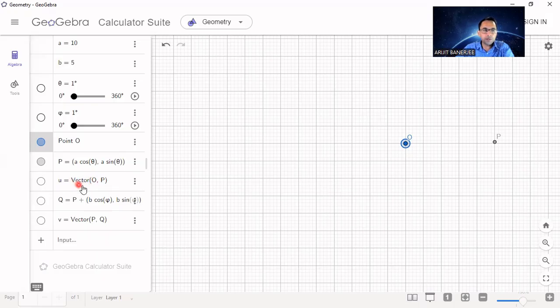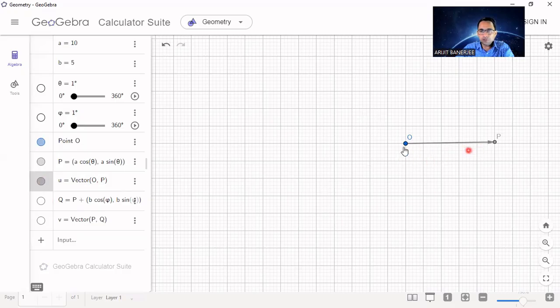The vector function will require two arguments. So these two arguments are basically 2 points, that is the starting point of the vector and the end point of the vector. So I have given for this OP vector, O is the starting point and P is the end point.